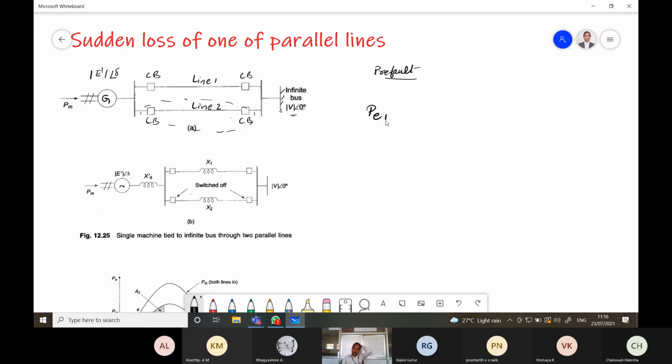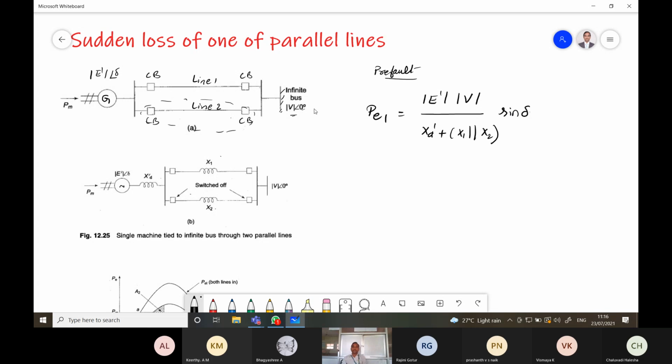That is called P1, given by our power angle equation E dash V divided by the total reactance, Xd dash plus X1 in parallel with X2, times sine delta.